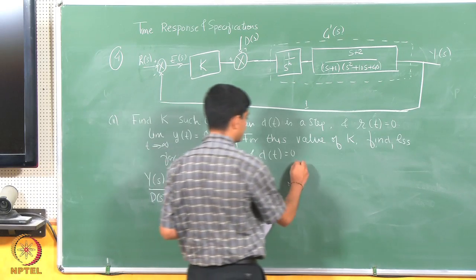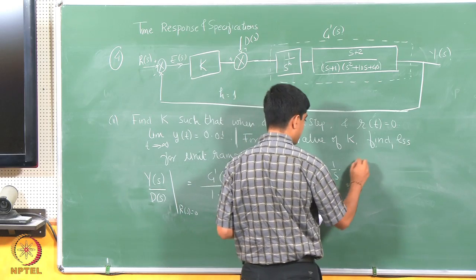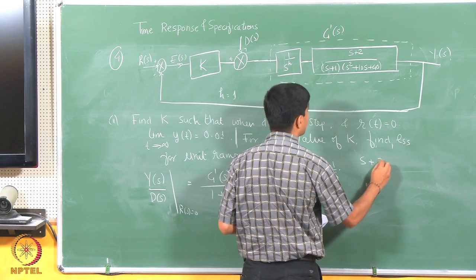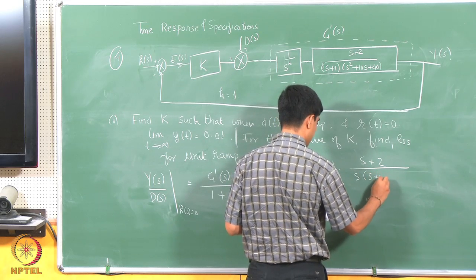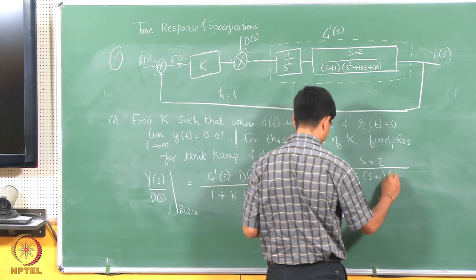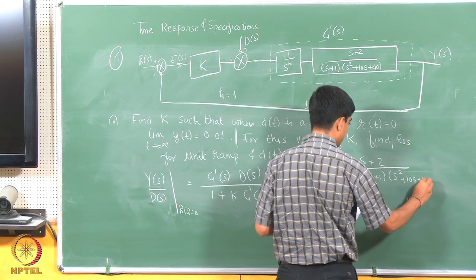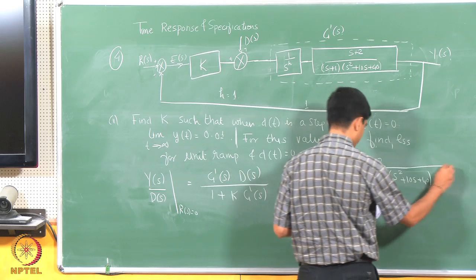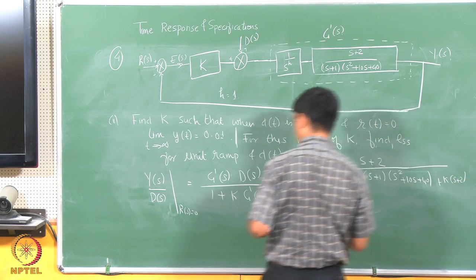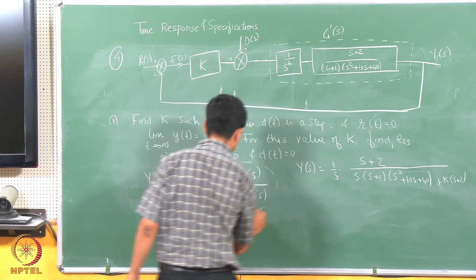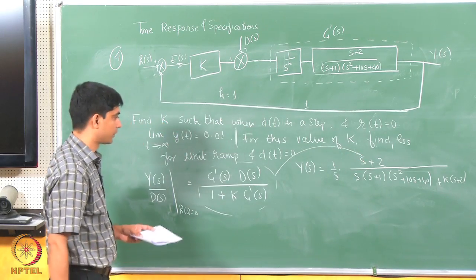So, y(s) is 1 over s, which is my step disturbance, times (s plus 2), (s plus 1)(s square plus 10s plus 40) plus k(s plus 2), right. So, this entire thing here expands to this one, the straightforward computation.